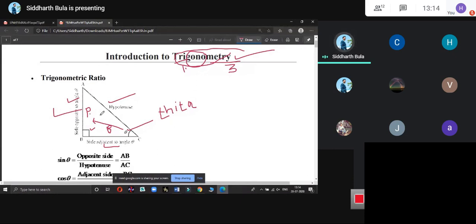Alright, if I say this is a right angle triangle, and I'm sorry for the drawing, no problem.